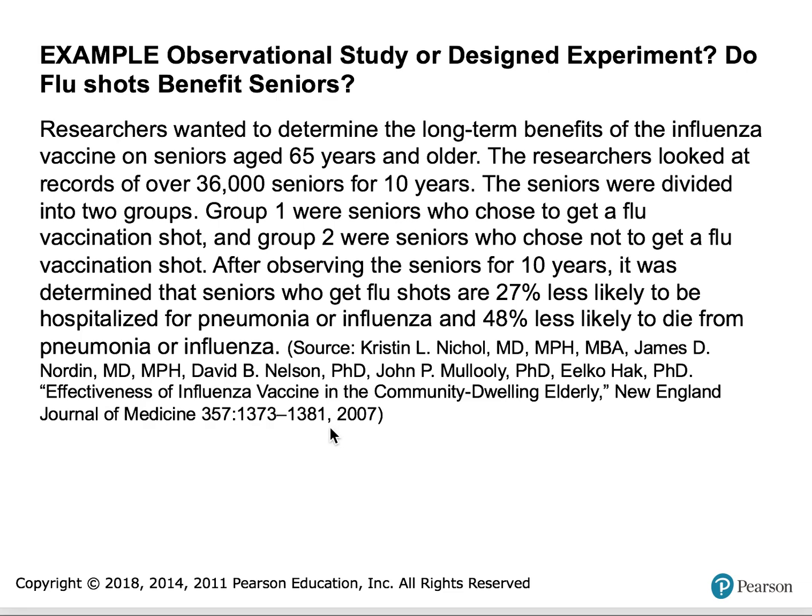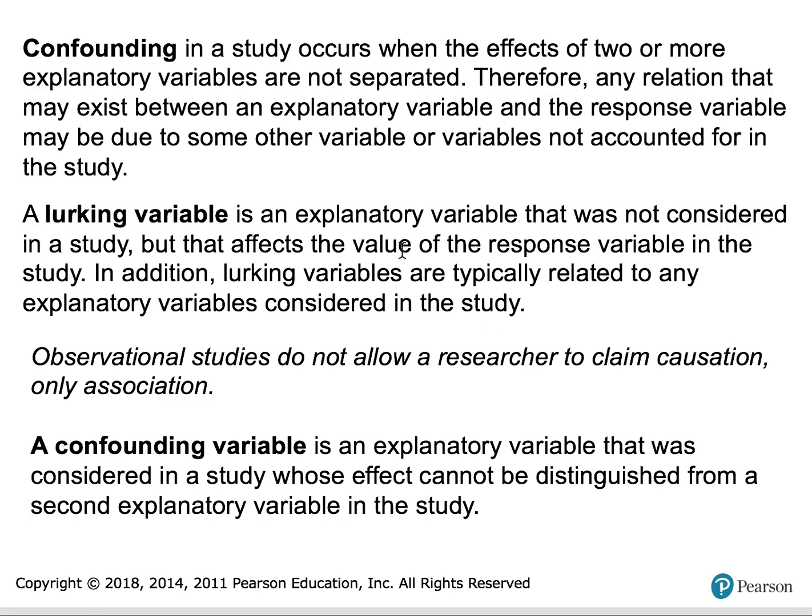Could it be that seniors who get flu shots are more health conscious or able to get to the clinic more easily? Does race, income, or gender play a role in whether one might contract and possibly die from influenza? So we have to worry about confounding.